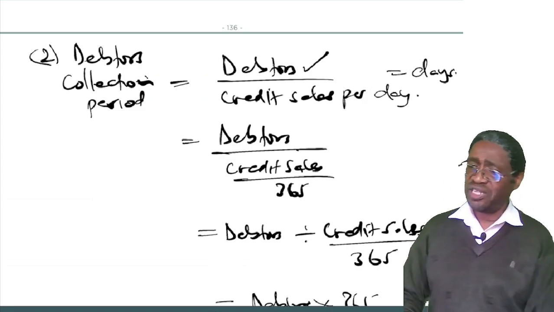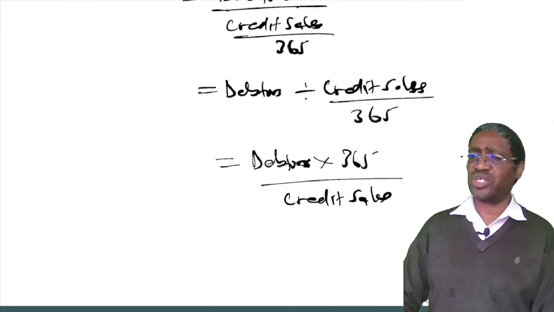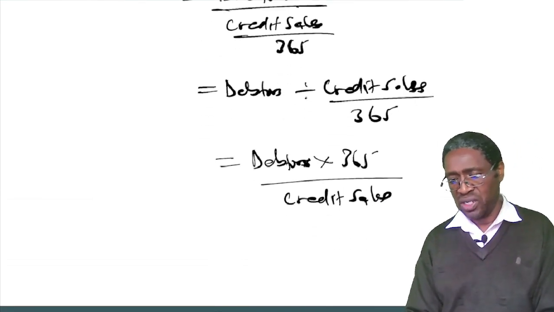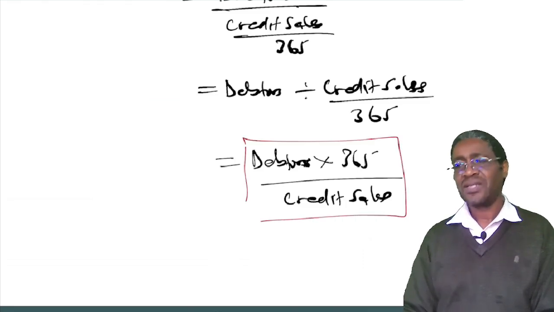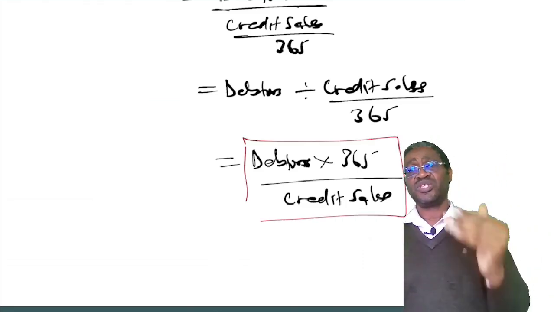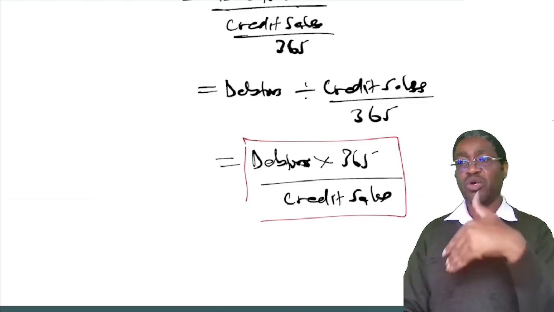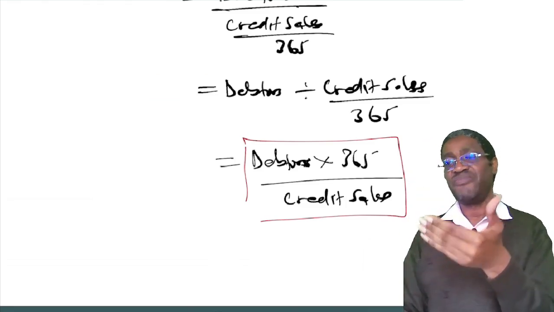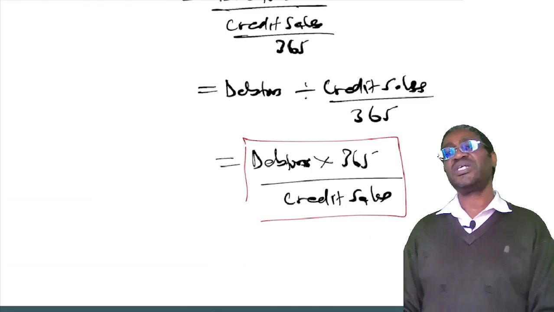That's why we are associating the debtors with the credit sales, not with the total sales. But the final formula for determining the debtors collection period is this. This is the final formula we shall be using: to get the credit sales per day, you take the debtors, multiply by 365, and divide that by credit sales.